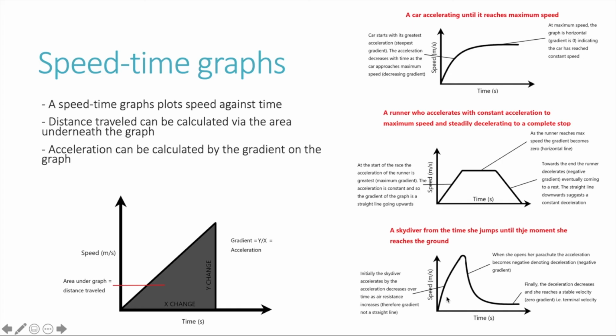And the reason why the acceleration is changing is something that we talked about before. When the jumper jumps off the plane, initially they are pulled towards the surface of the earth by gravity, and they will start to accelerate at 9.8 meters per second squared. What that means is they start to fall and increase in speed by 9.8 meters per second every second.